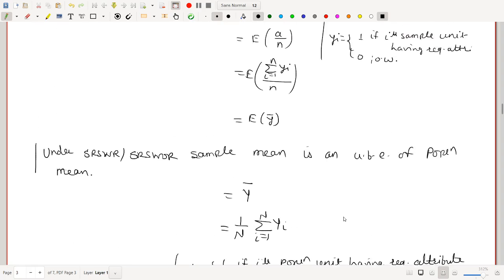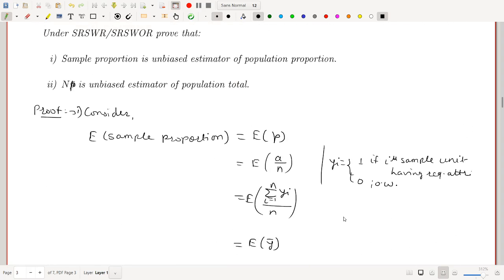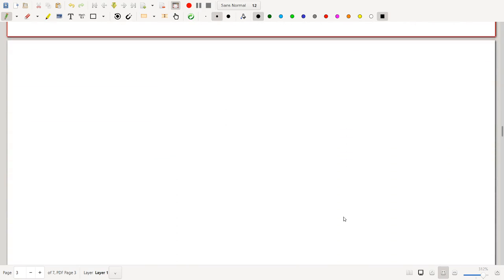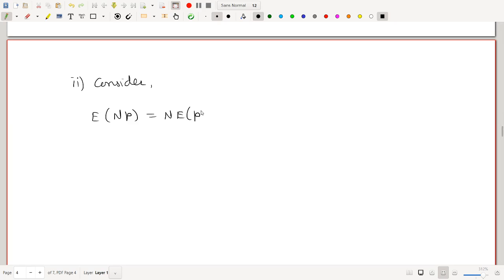To prove the second one, prove that N into p is an unbiased estimator of population total. Population total is capital A. So second, consider expected value of N into small p. N is constant, so we can write N into expected value of small p.